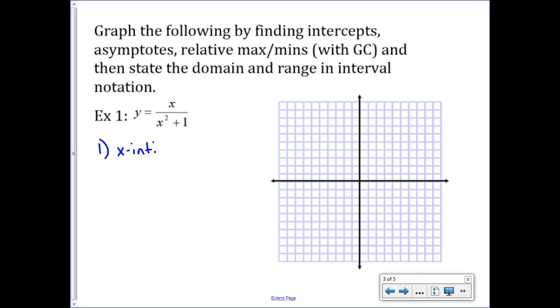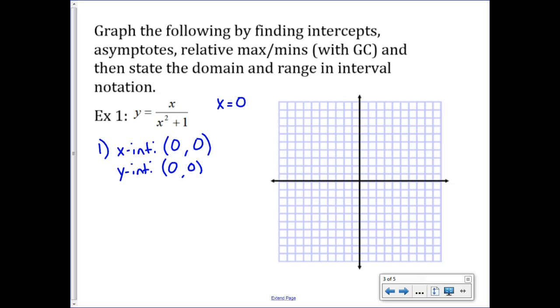The x-intercept we said would be where the numerator is 0. If we set the numerator equal to 0, we get x equals 0. If we plug x in as 0, we get 0 back out, which means that your y-intercept is also 0, 0. To find your y-intercept, you plug in 0 for x and solve.